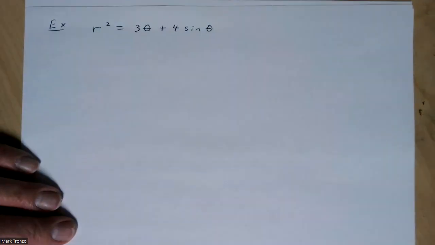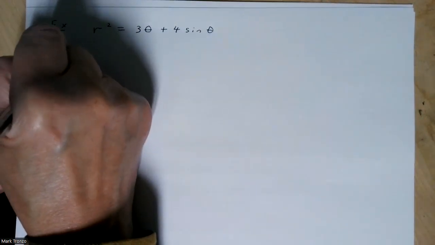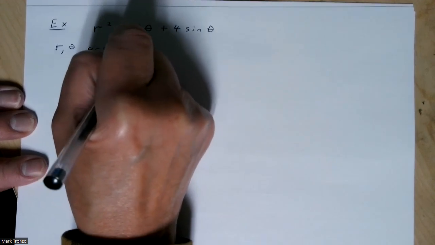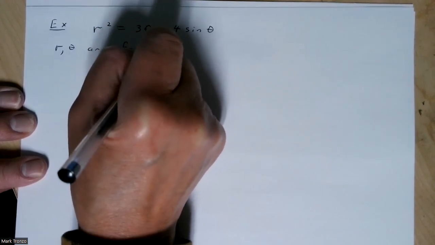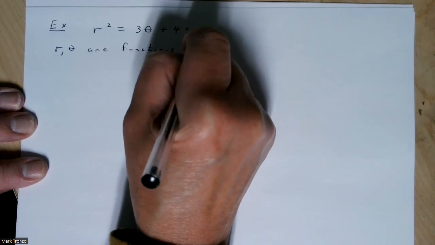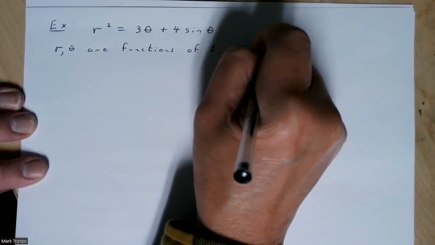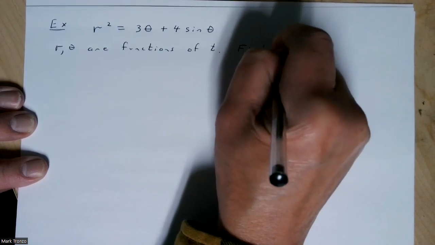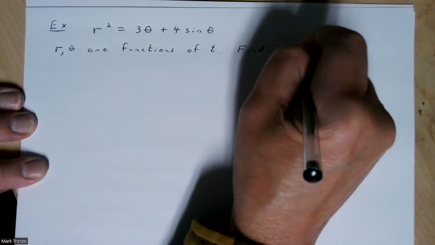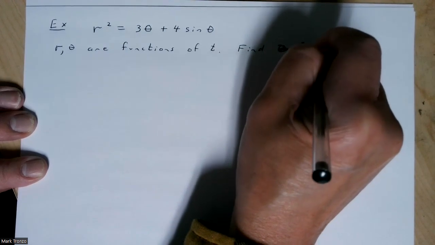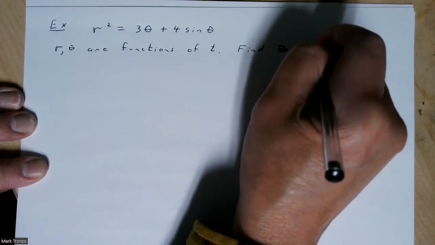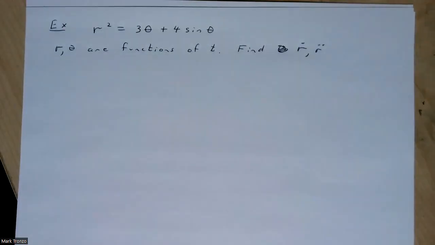Let's say we have something like this. R and theta are functions of t. Find r dot and r double dot. Let's do that.